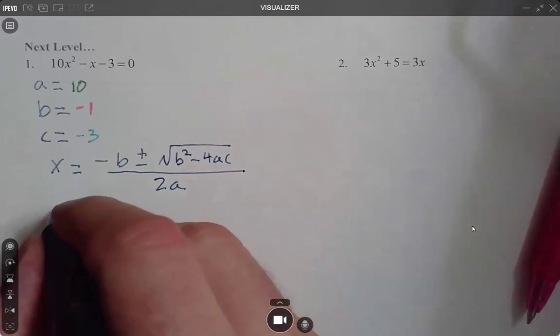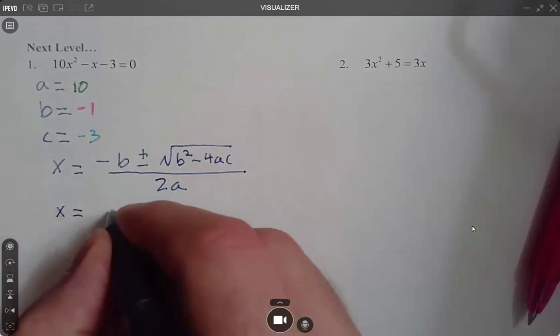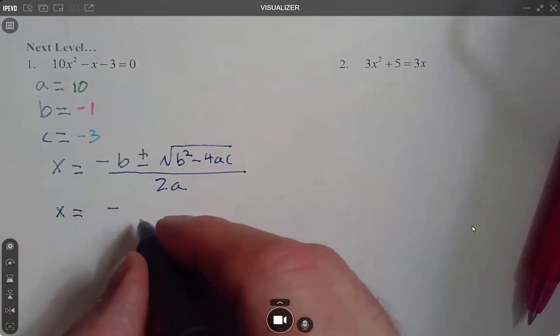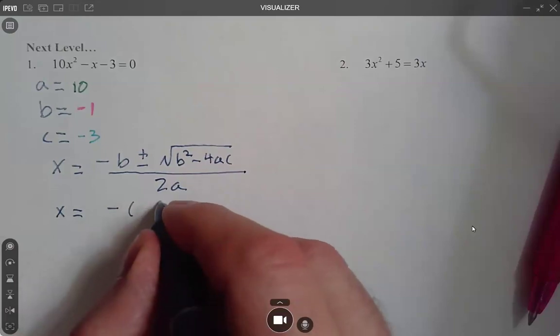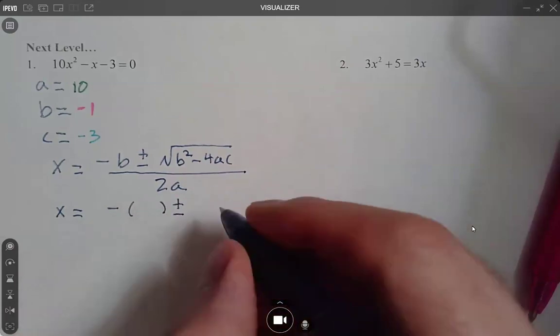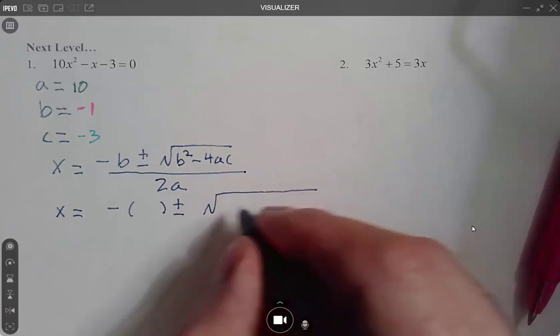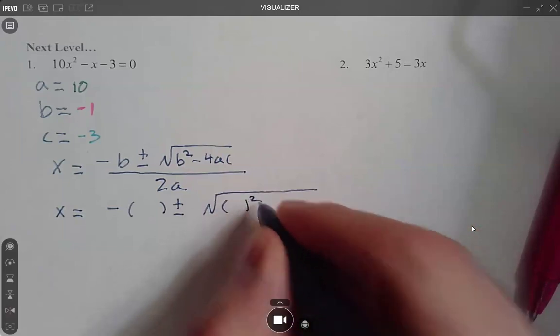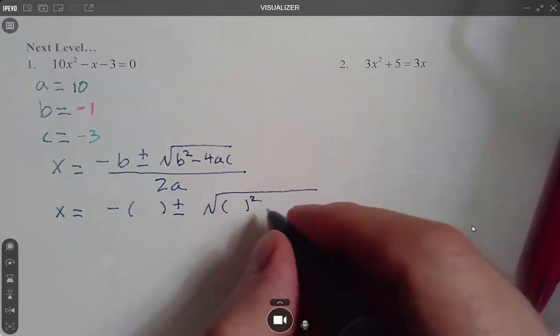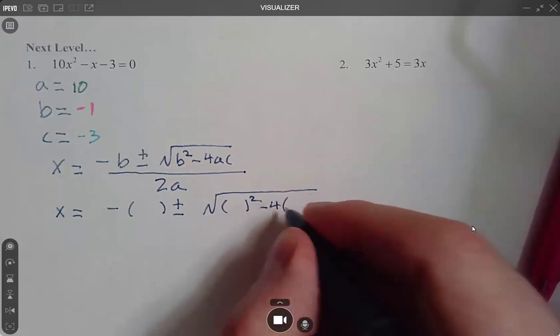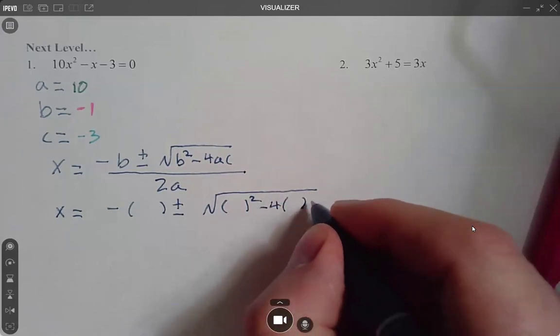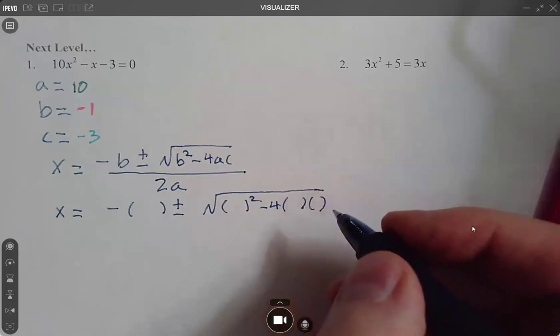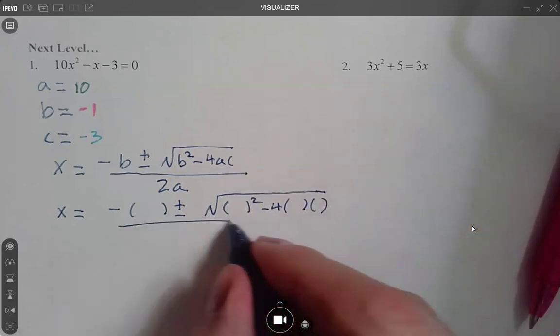So let's go ahead and plug in. In this formula, wherever I see a B, I'm going to plug in a negative 1. Wherever I see an A, I'm going to plug in a 10. And wherever I see a C, I'm going to plug in negative 3.